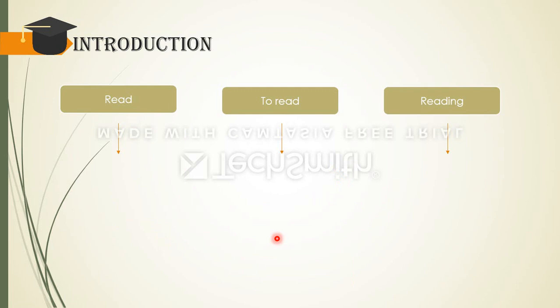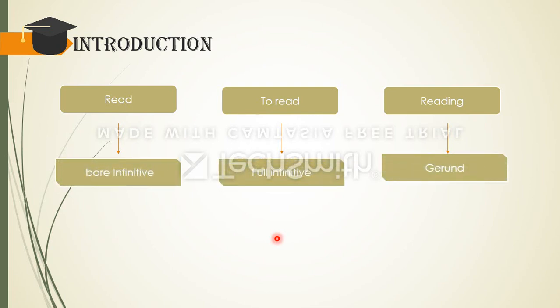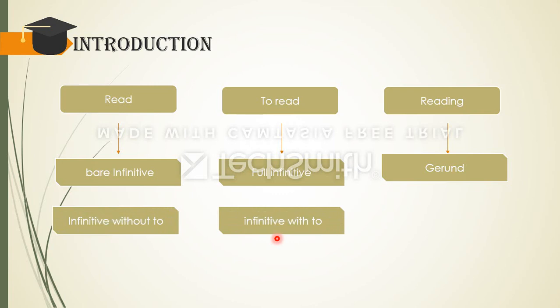First of all, I would like you to have a look at this verb. We all know the verb read. When I speak about this verb, it can take different forms. We can have the verb alone, isolated, and this is called the base form, or normally we call it the infinitive, or the infinitive without to.